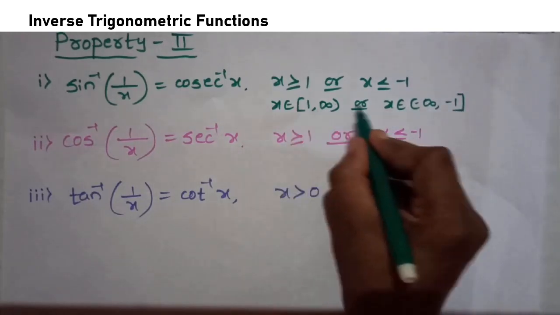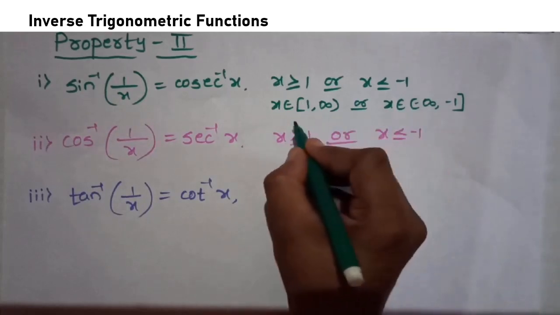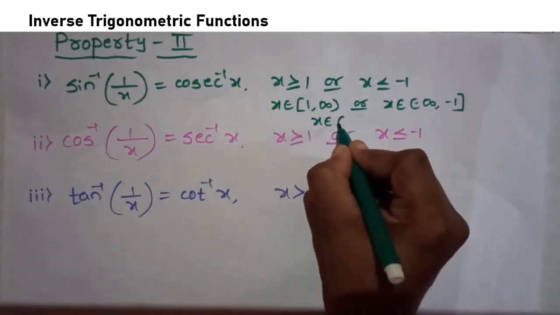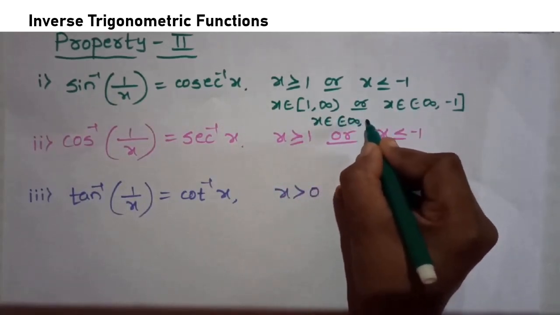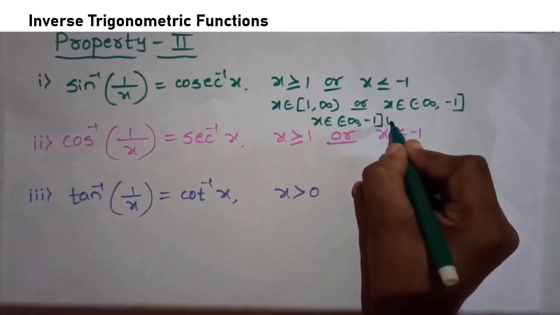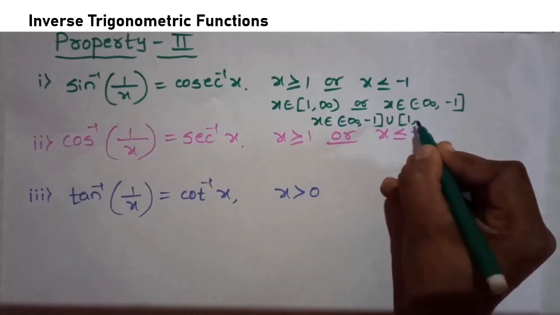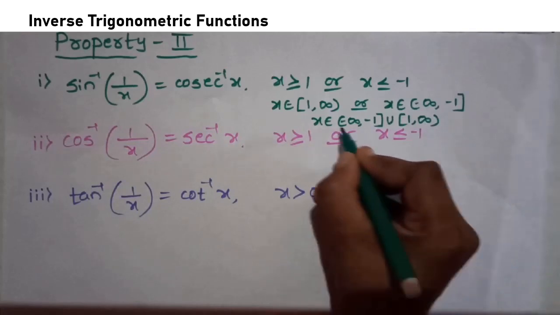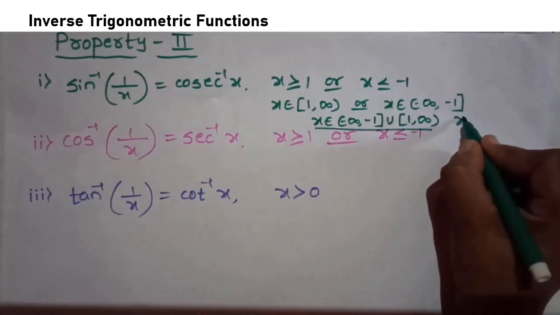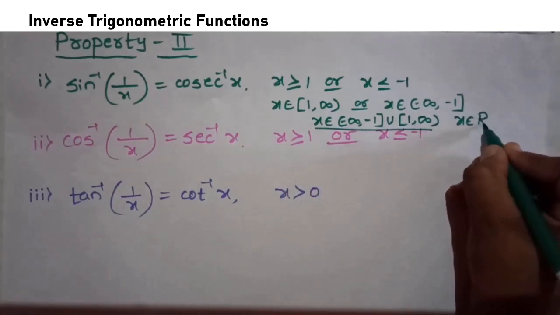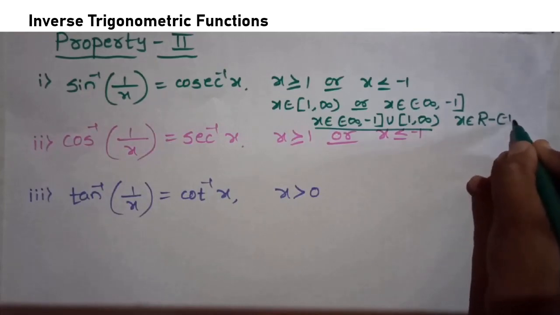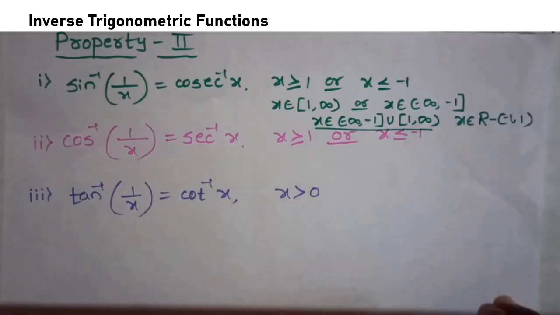So x belongs to the semi open interval -infinity to -1 union the semi closed interval 1 to infinity. It's nothing but x belongs to the set of all real numbers excluding the open interval -1 to +1.